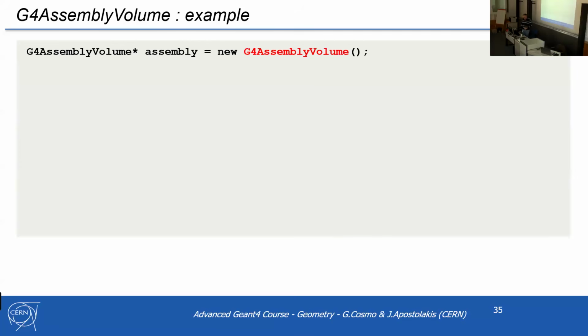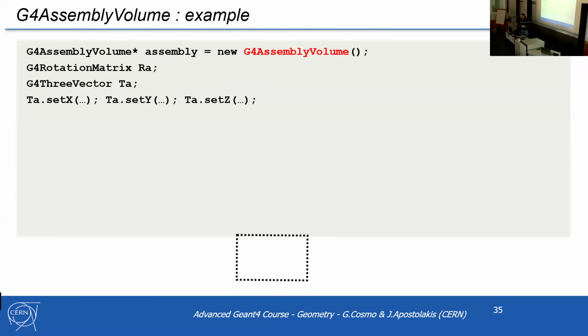So here is an example. We create an assembly volume, which we represent as an envelope. We define a rotation matrix and a translation, and then with AddPlacedVolume, we add a volume to this envelope.